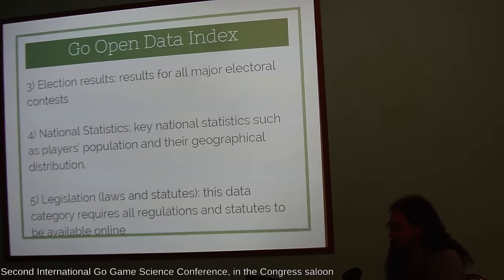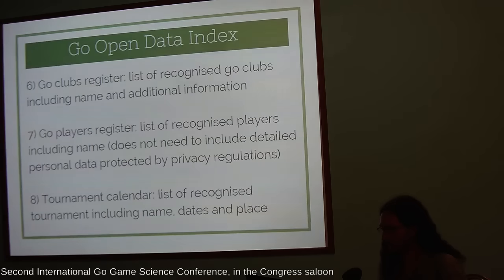Election results, if you can access this data. National statistics, for example, players, population, geographical distribution; these are aggregated data. Legislation, so you can easily find the constitution, regulation. And then these 3 are the particular case of Go.